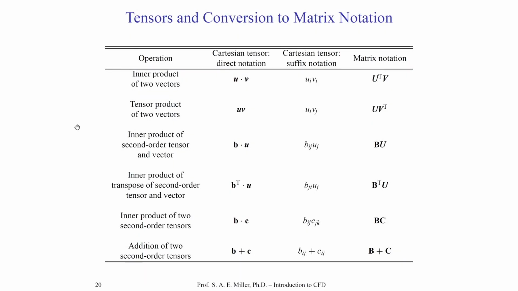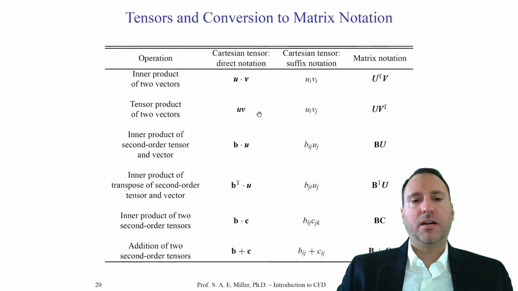I've summarized from a book in these tables the operation, which you'll see in the left column, the Cartesian form in the second column, the Cartesian tensor suffix notation in the third column, and the matrix notation in the fourth column. Most students will, of course, be familiar with the Cartesian notation, or the so-called vector notation, in the second column.